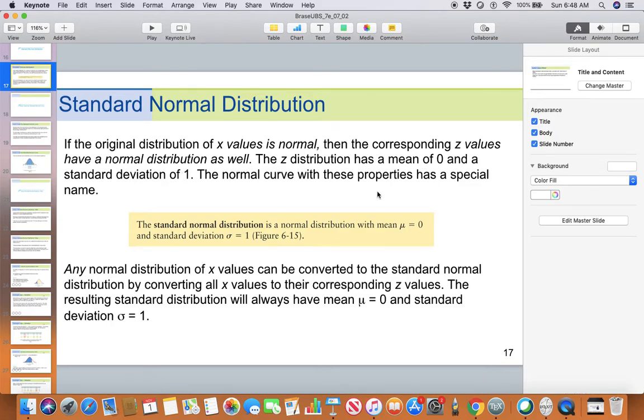The normal curve with these properties has a special name. The standard normal distribution is a normal distribution with mean 0 and standard deviation 1. Any normal distribution of X values can be converted to the standard normal distribution by converting all X values to their corresponding Z values. The resulting standard distribution will always have mean mu equals 0 and standard deviation sigma equals 1.